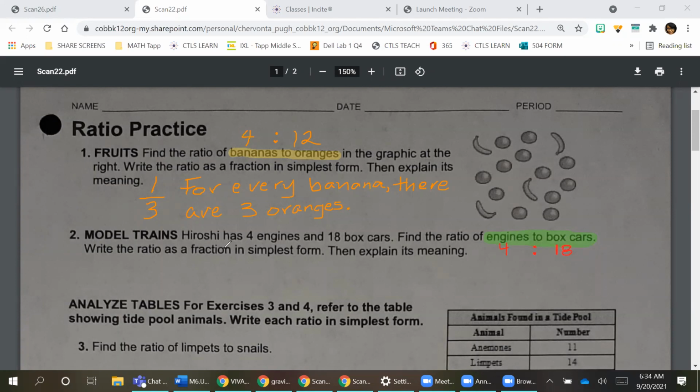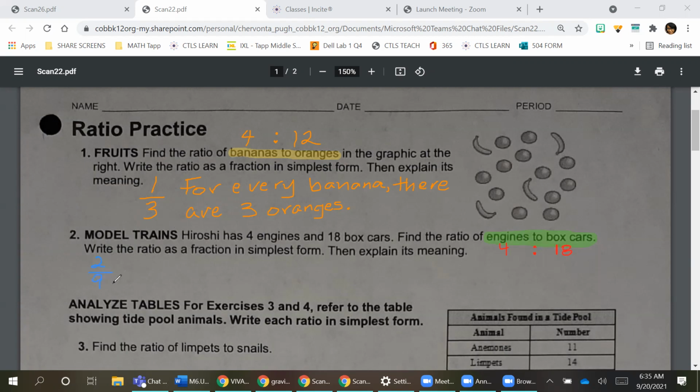But it's asking me to write this ratio as a fraction in simplest form. So 4 to 18 is not the simplest it could go. So I need to think clearly here and ask myself, what number can divide up 4 and 18 evenly? I know that 18, I can't get even groups of 4 out of there. So my next best bet is 2. So how many 2s can I get out of 4? I can get 2 of them. And how many 2s can I get out of 18?